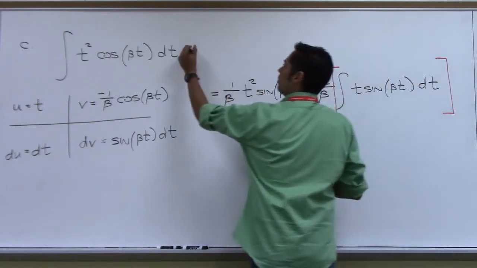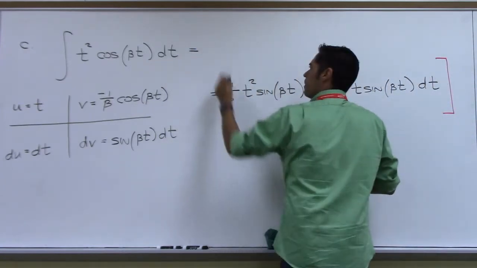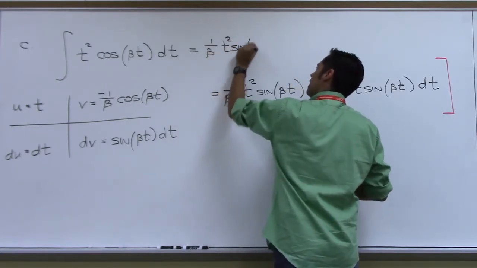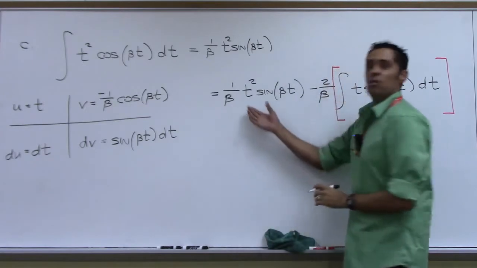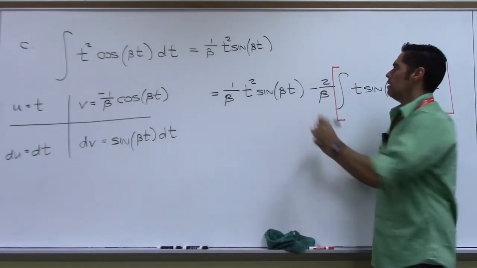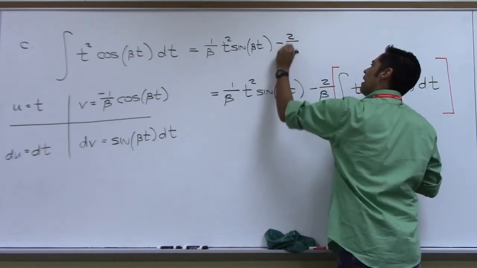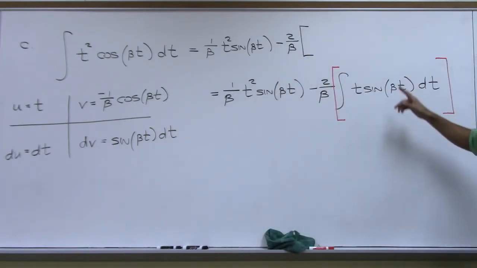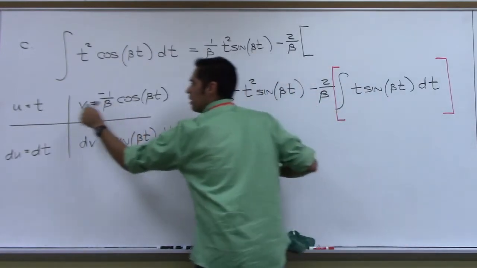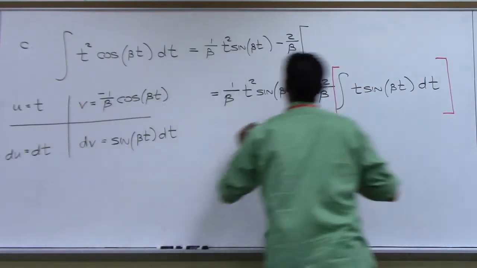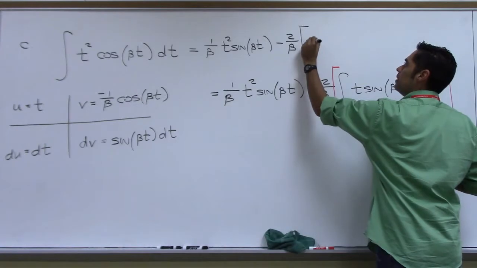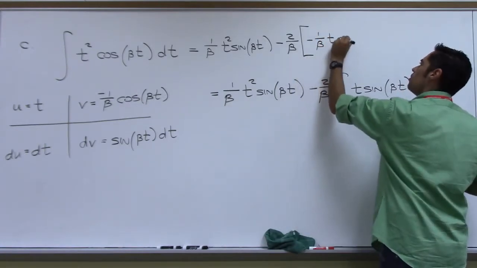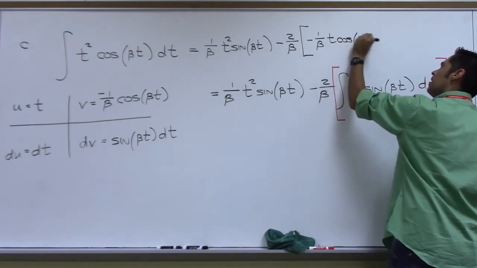It will be equal to 1 over beta. So this 1 over beta t squared sine beta t was the original uv, right? Minus 2 over beta, and now here comes my second uv minus integral v du. So this time, uv here and here. So what? Negative 1 over beta t cosine beta t.